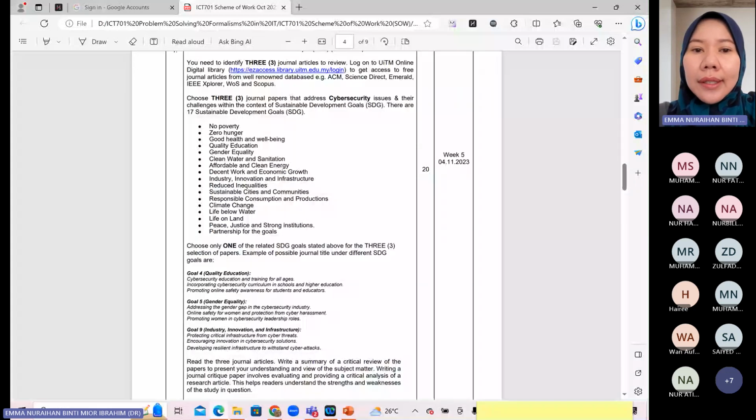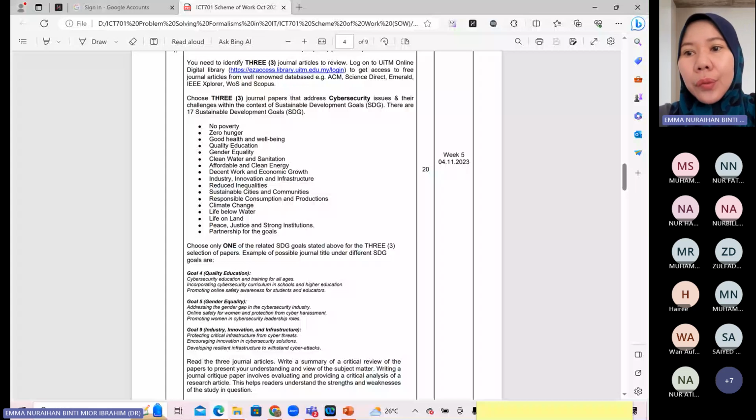You have to register at this Easy Access library because they have thousands of free online resources. Please get used to it because if you just Google, some of the articles you have to pay to get the article.